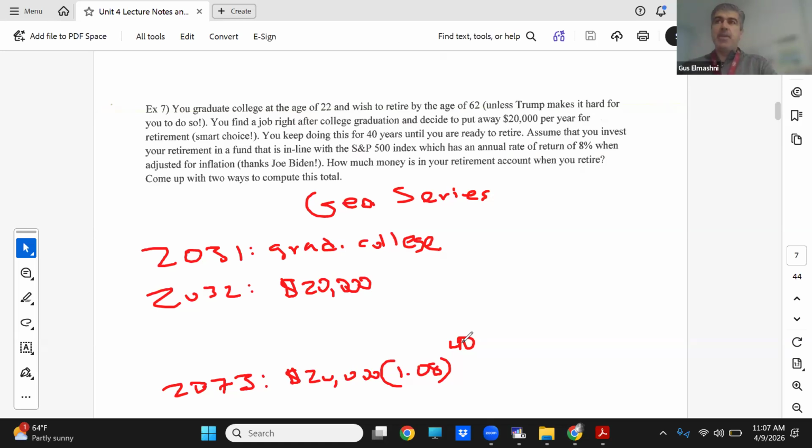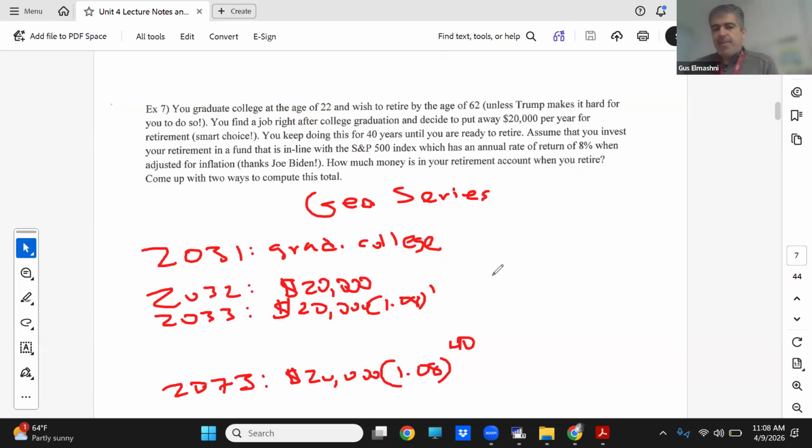By 2033, how much is that initial 20 grand worth? Whatever 8% of 20,000 is, which is 1,600, right? And to go from that to 2073, you have to apply this 39 more times. So that's why it's going to be raised to the 40th power.